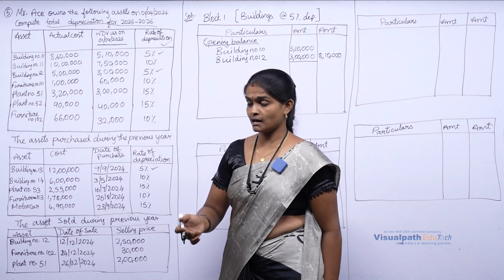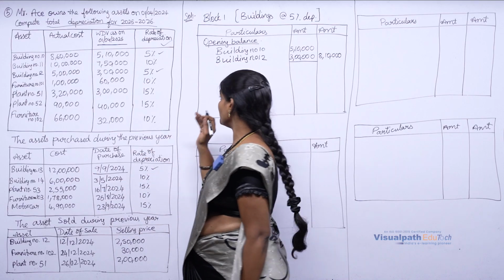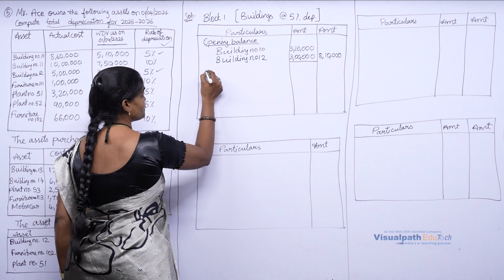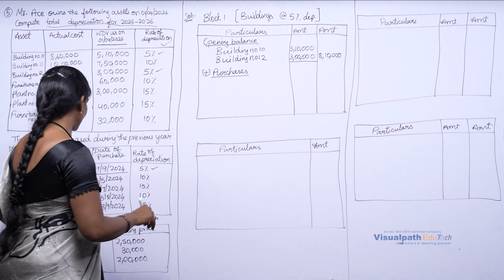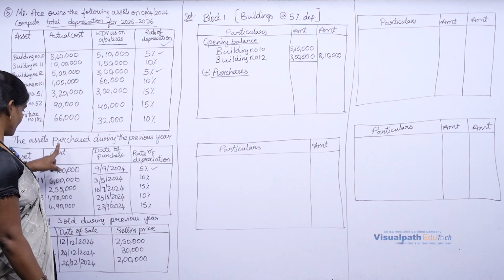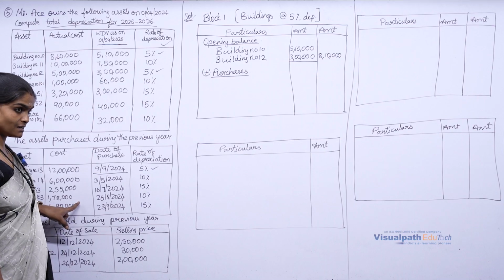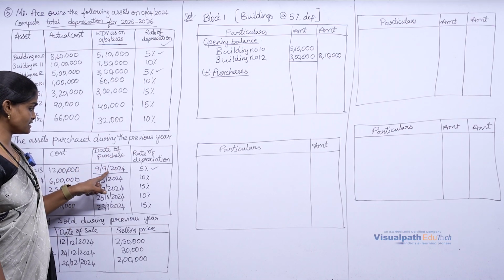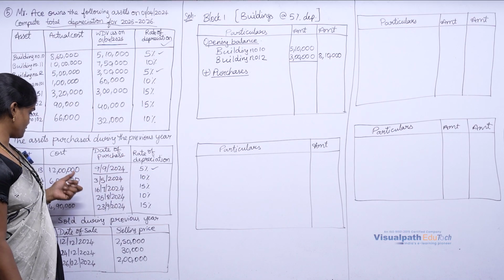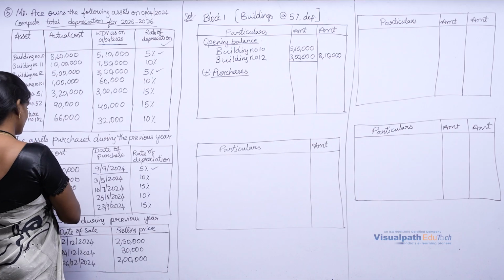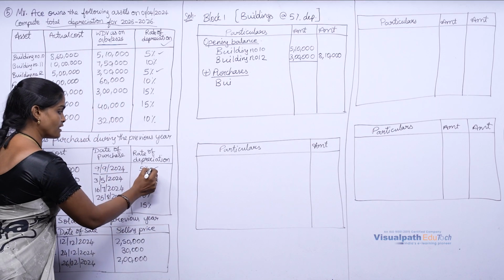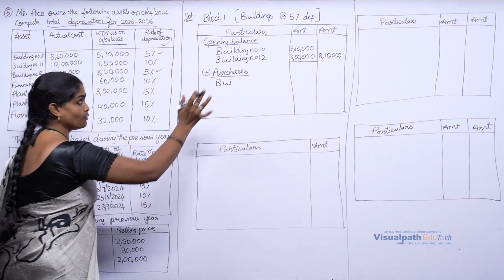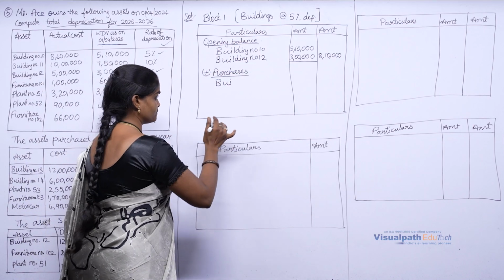Now, after this, additionally, the asset is being purchased during the previous year. Additional purchase. This purchase has to be added to the opening balance, plus purchases made during the year. Here, for purchases, the asset is given, cost of the asset is given, and date of purchase is given. Rate of depreciation is given. Now, building number 13 is being purchased. Why are we taking only building number 13? Because 5% rate is given. We are doing only the 5% block.